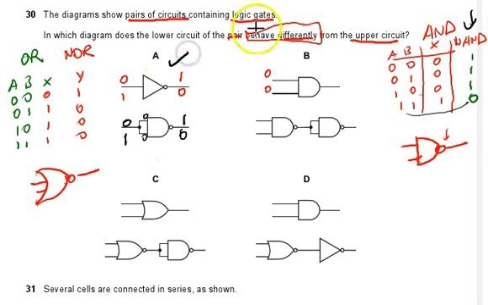So it behaves the same. And let us look at B. Here you will have a NAND gate 2 times. So let's say we put here 0, you will have 1. If it's 1, you will have 0.